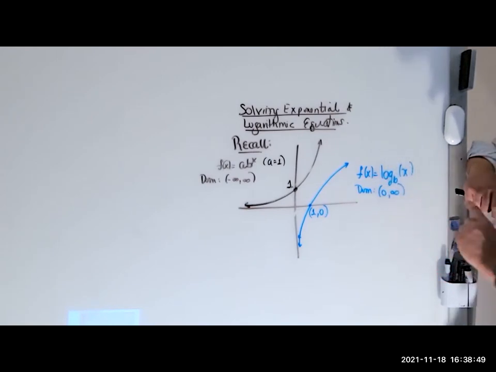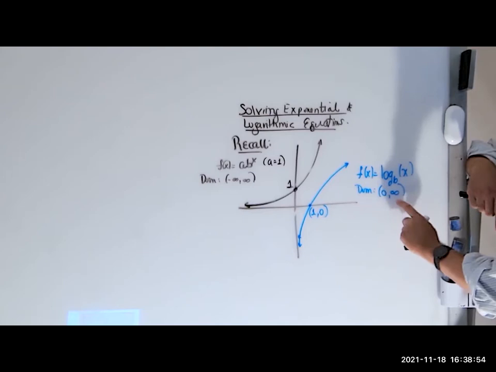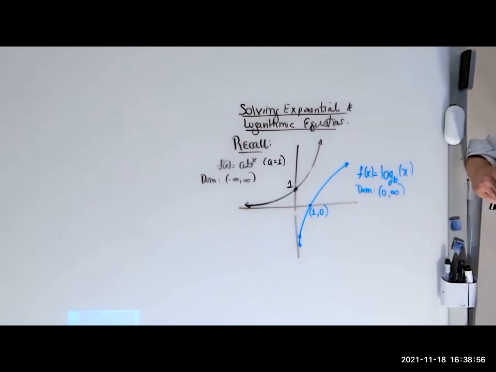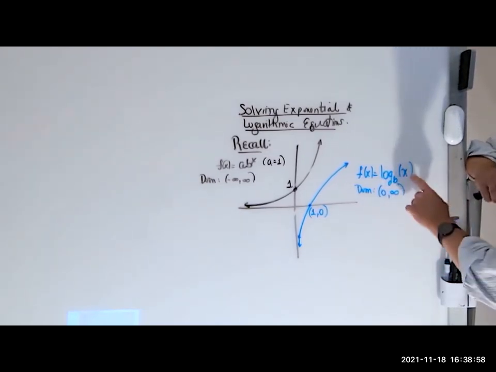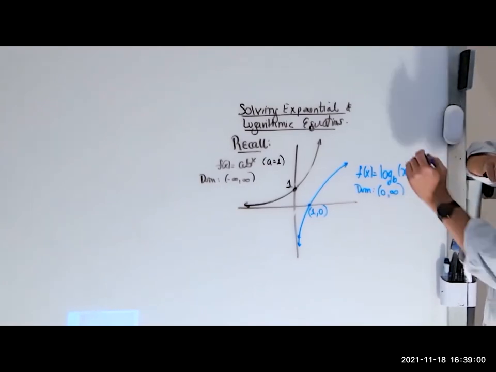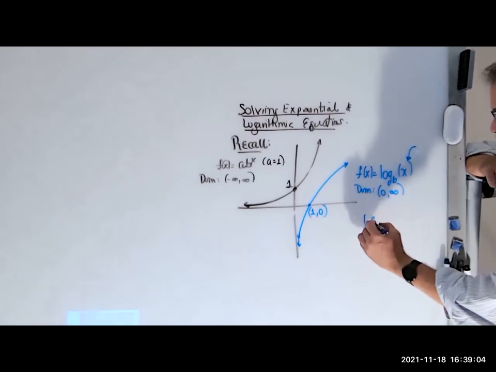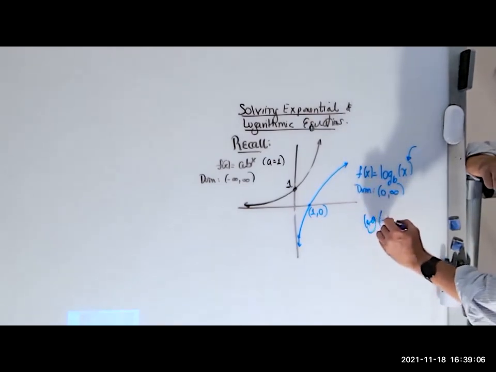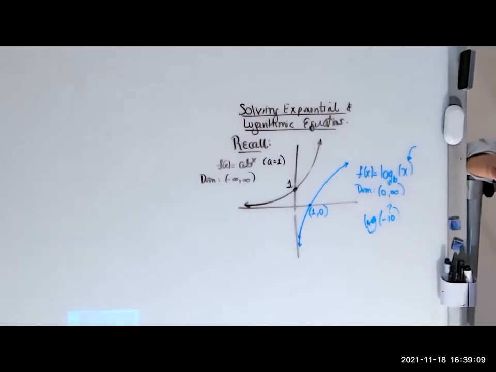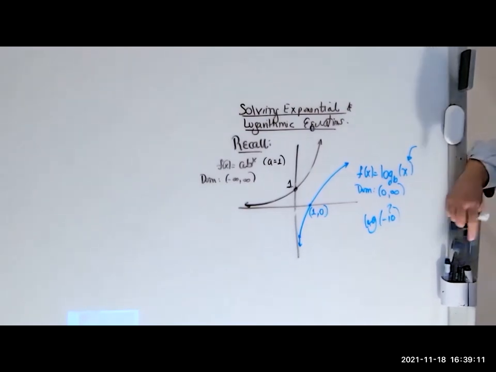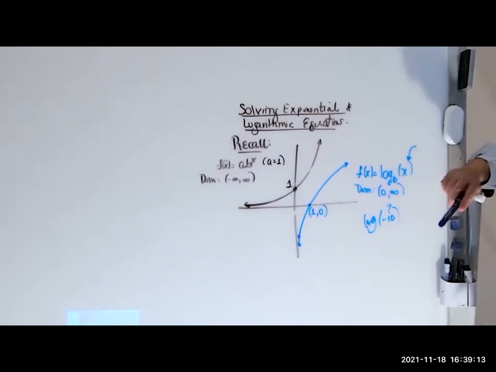However, when we solve logarithmic equations, we have to make sure that we do not violate the domain restriction. Namely, the log can only take a positive number as its argument. I cannot find the log base whatever of -10. The log doesn't understand negative numbers, does not understand 0.